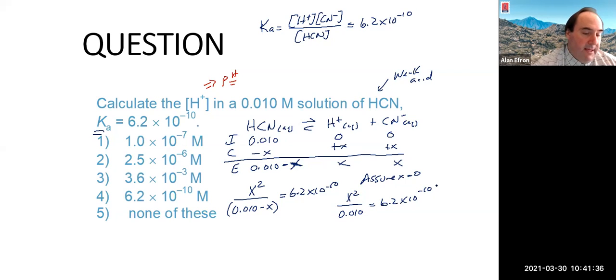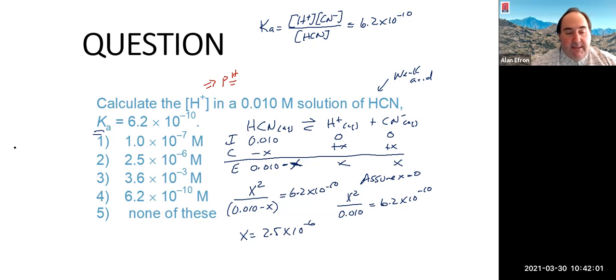We're going to multiply the 0.01 to the other side. We're going to take a square root of it, and it will give us an x value here of, we'll call it 2.5 times 10 to the minus 6, I believe. If I counted that right, zeros, 1, 2, 3, 4, 5, 6.